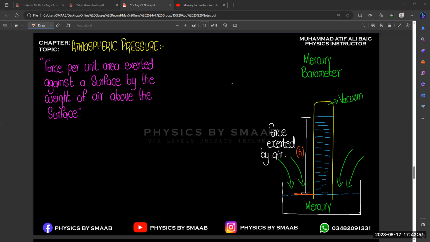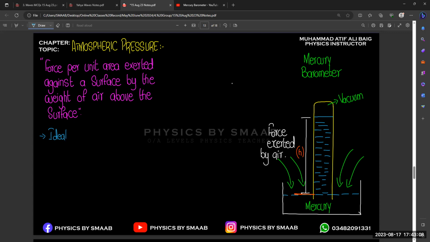And normally it is equal to 76 centimeters if we perform this experiment in very ideal conditions. Ideal condition means there will be no error, right?